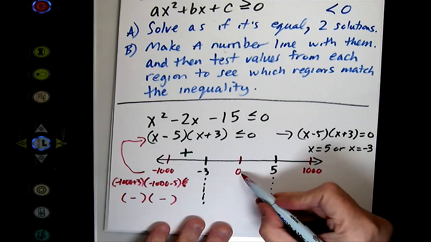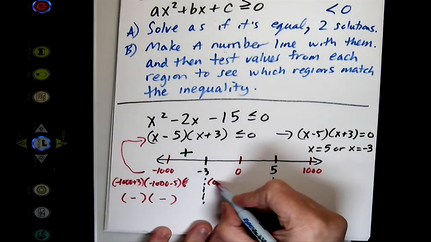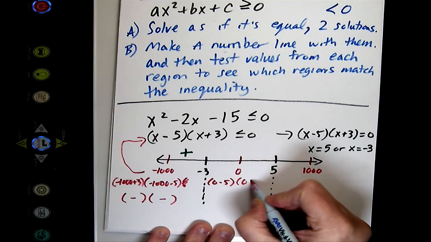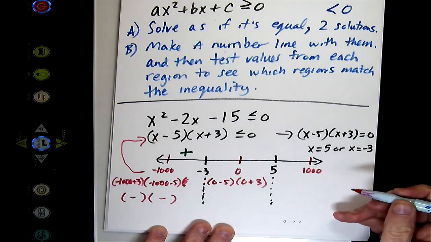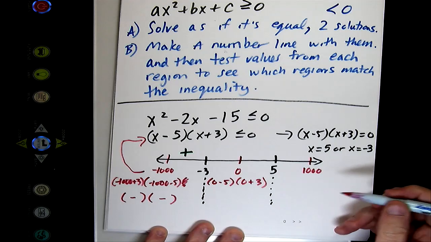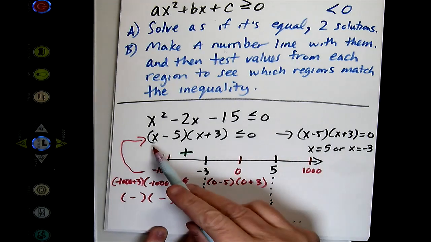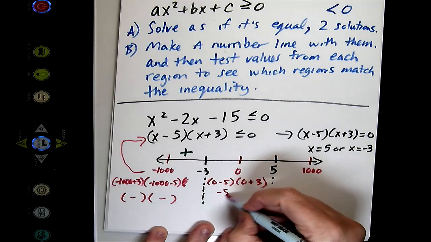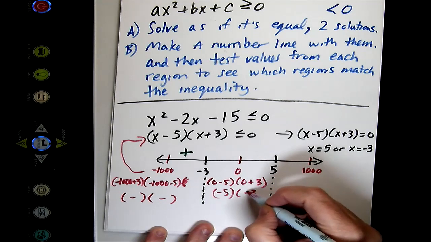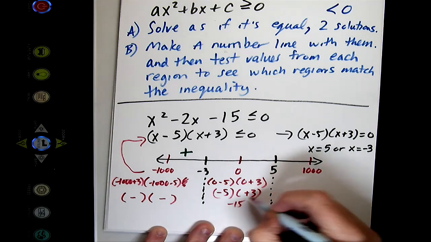If I stick in 0, I have 0 minus 5 times 0 plus 3. And I only wrote the 0 just to make it clear what I'm doing. When you're plugging in 0, this is just -5 times 3, which is -15. That's a negative value.